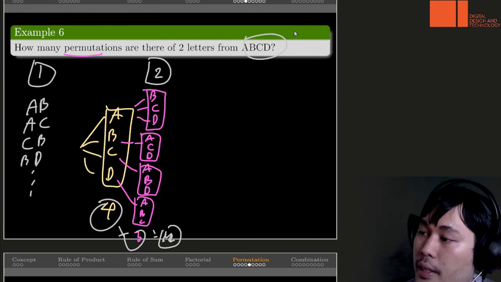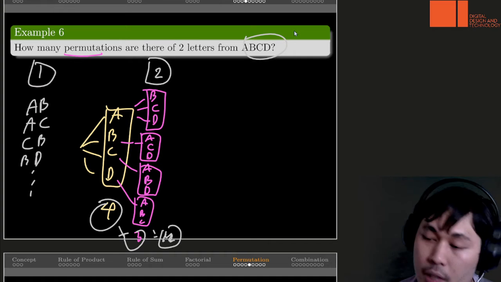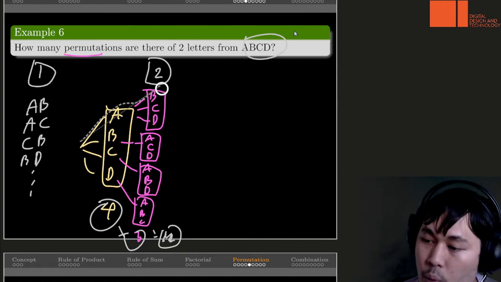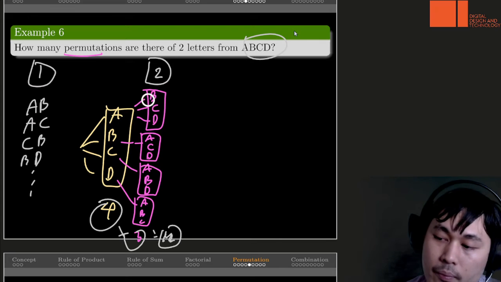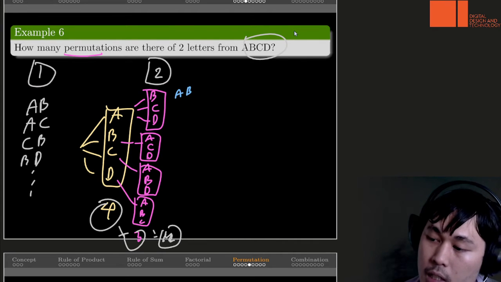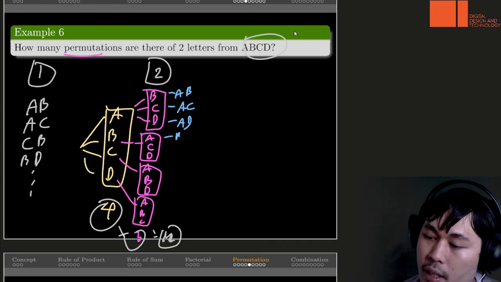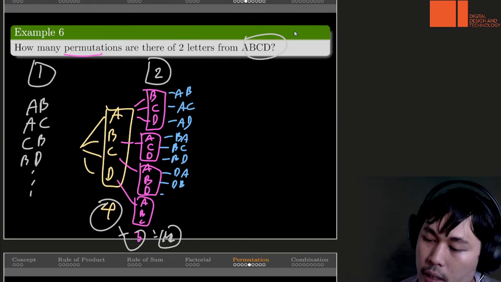And if you do it here, then you should get all. If you look at the leaf and walk through the branches, then you should get all the permutations. So in this case, you get AB, AC, AD, and then BA, BC, BD, and then DA, DB, and then DC.